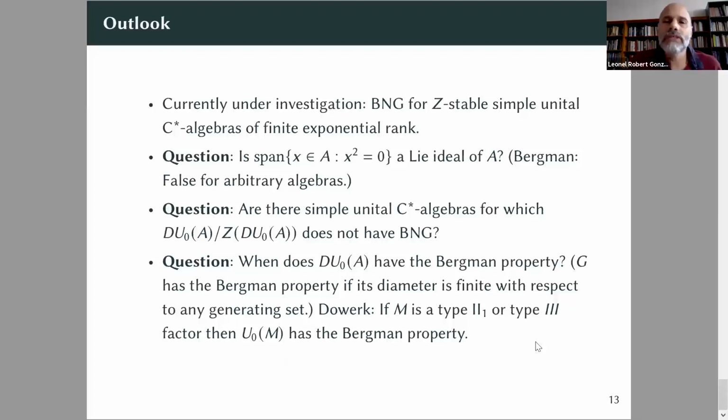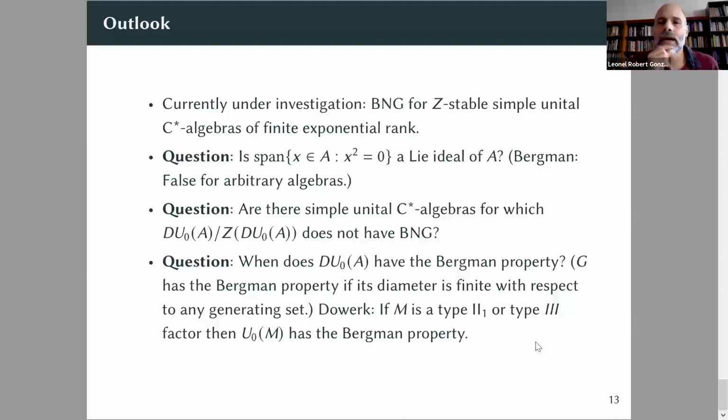So the next question is, if I look at the square zero elements, I just want to advertise this question because it's a very simple question. Is the linear span of the square zero elements, forget my previous question of whether it agrees with the linear span of the commutators, a Lie ideal? So if I take a square zero element and I take its commutator with an arbitrary element, is that a linear combination of square zero elements?